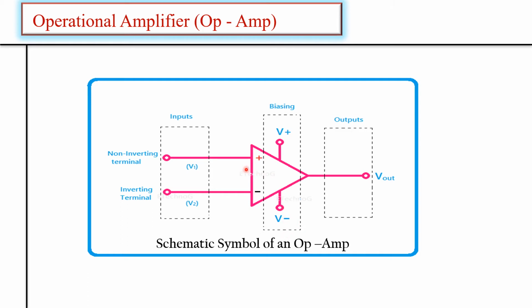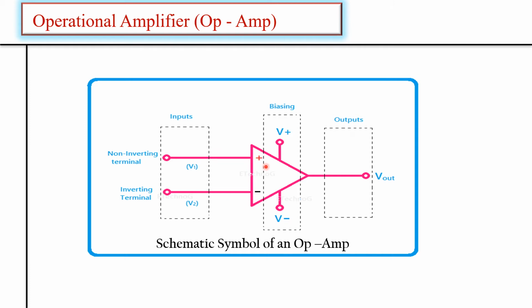Now in this op-amp, the input terminal which is marked positive is known as the non-inverting terminal. So op-amp has two inputs and one output. We are using two power supplies, positive and negative.